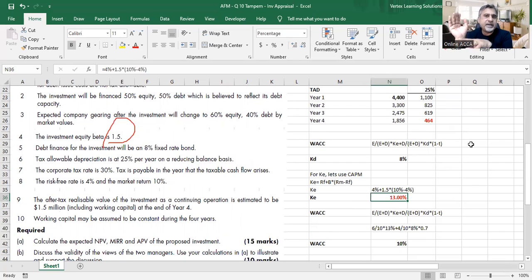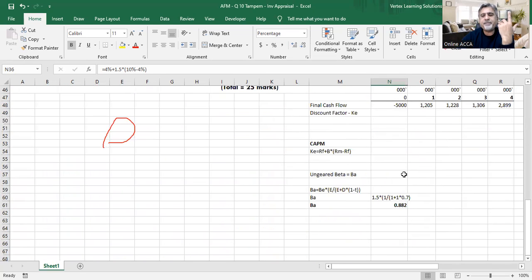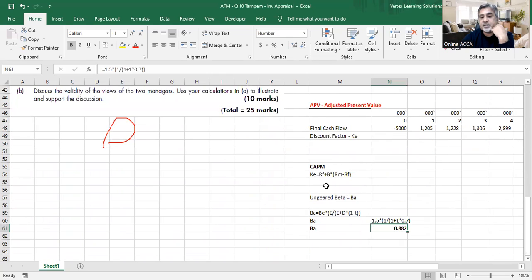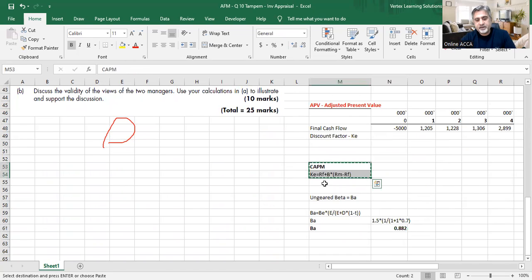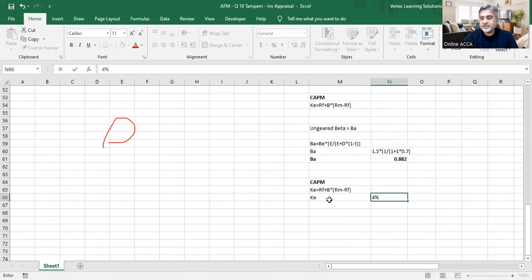But if I remove the debt from the project, the risk-free rate is 4%, and they say we are happy with a lower return because they are only getting a beta of 0.882. So if I put this value in my CAPM, KE will be the risk-free rate of 4% plus the beta 0.882 multiplied by RM, which is 10%, minus RF, which is 4%.